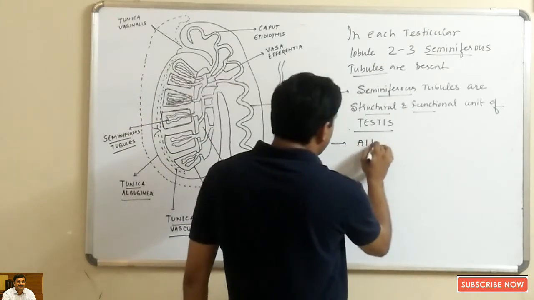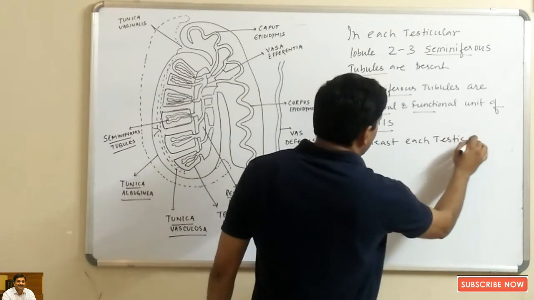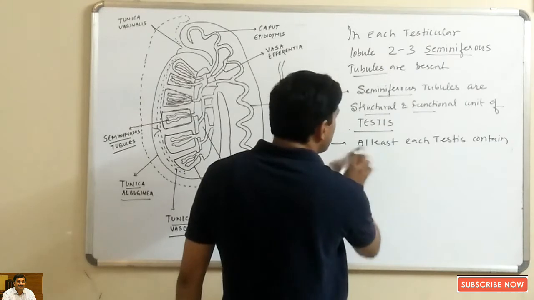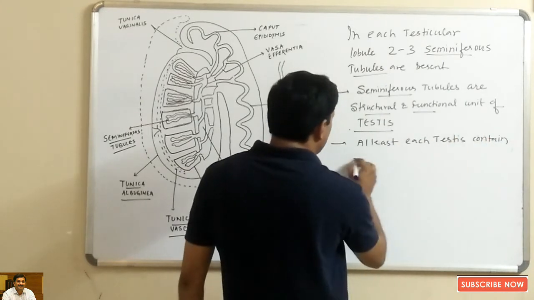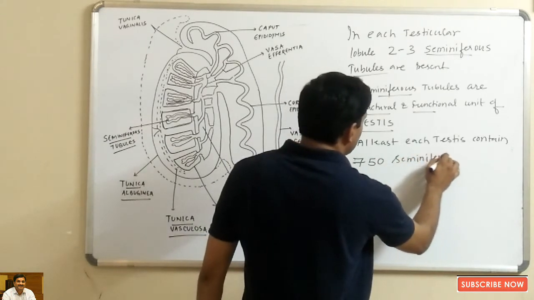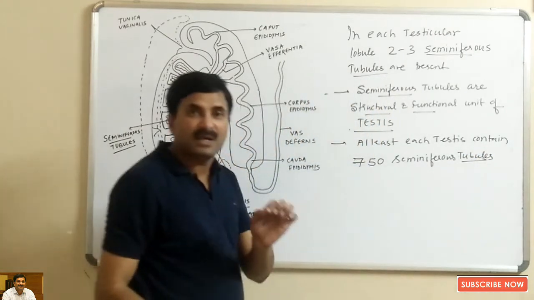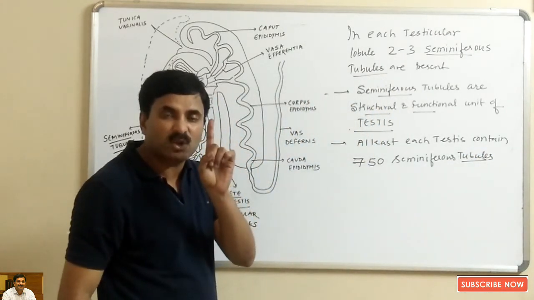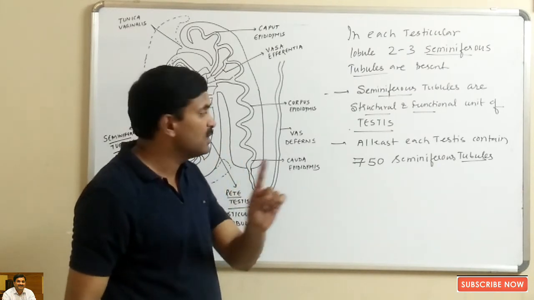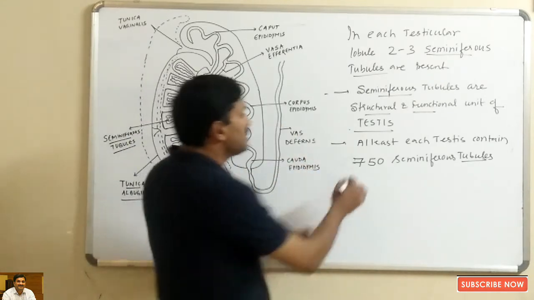Each testis contains at least 750 seminiferous tubules. Why? As we know, there are 250 chambers. If there are 250 testicular lobules, and each has 3 seminiferous tubules, then 250 chambers into 3 comes out to be 750.